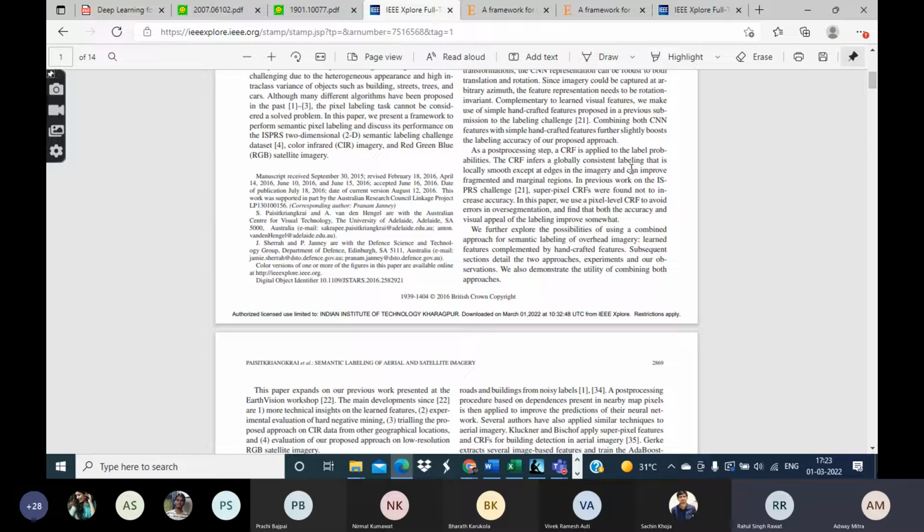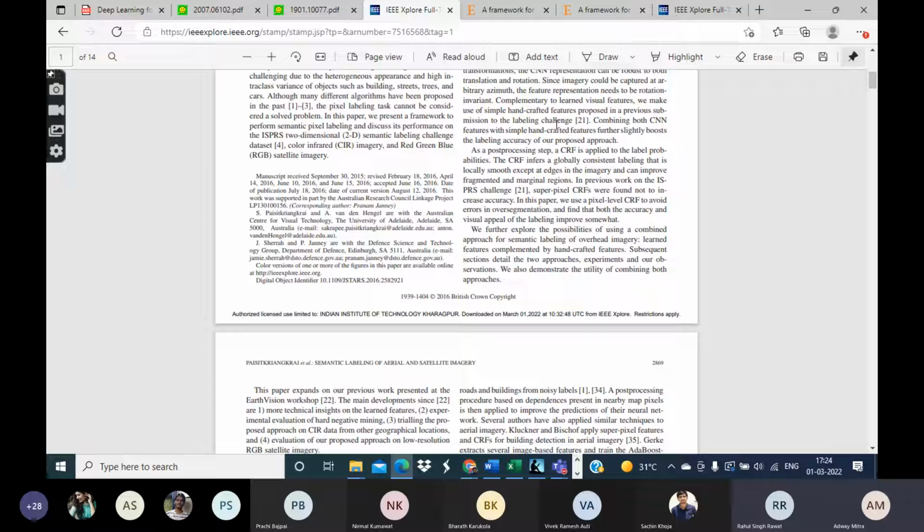Now this CRF is applied to the probabilities at every pixel, and it infers a globally consistent labeling that is locally smooth except at the edges of the imagery. So, as I said, the labels should be locally smooth.